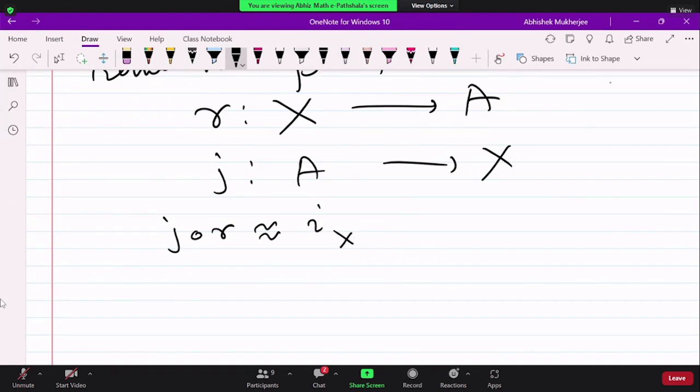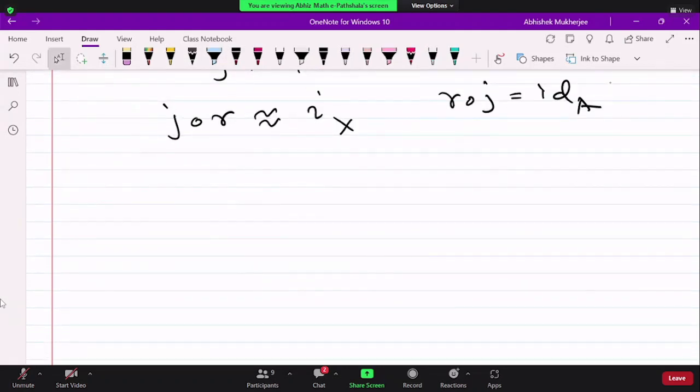Likewise, the other composition, R compose J, is nothing but the identity map on A, so it is automatically homotopic to the identity map on A. So this gives you the identification between A and X: they have the same homotopy type, so they are homotopy equivalent.